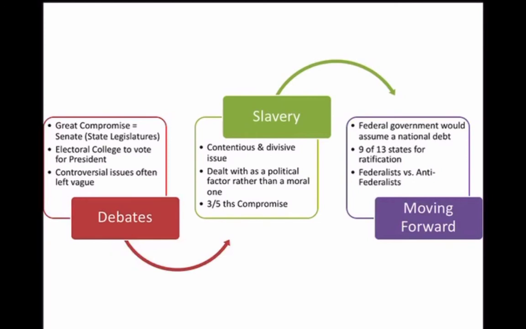They really didn't trust regular people to make such an important decision as choosing the American president. When it comes to other controversial issues, like we saw, they left it pretty vague. They left it flexible enough to address those issues down the road, but this is going to become a source of contention.